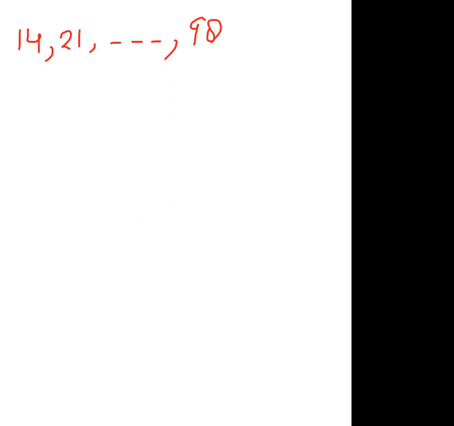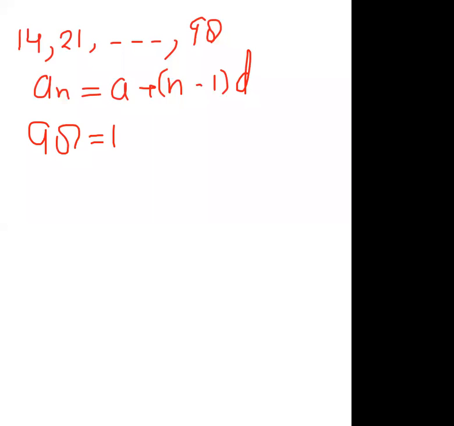So now we will calculate their sum. First of all, we must know how many terms there are. So an is equal to a plus n minus 1 into difference d. So 98 equals 14 plus n minus 1 into the difference, which will be 7 only, because for divisibility by 7 there will be a gap of 7.